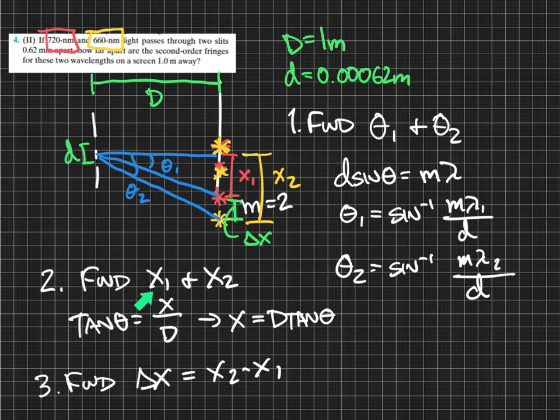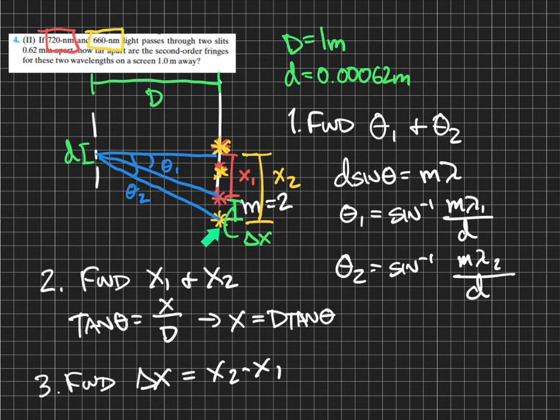I'm going to use the tangent because d is the adjacent side and x1 would be the opposite side. So tangent of theta, which I just solved for, is x divided by d, and so x would be d times the tangent of theta. Once I found my angle, I can work through the problem.